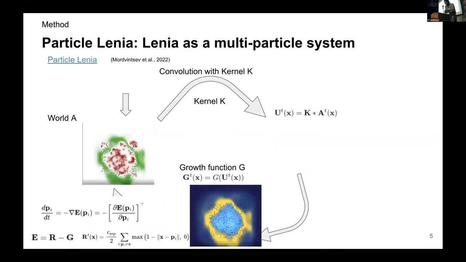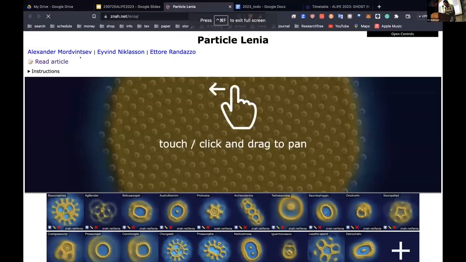So there is a new variant related to the Lenia system. It's named Particle Lenia. It means Lenia as a multiple particle system. Okay, I will give a little demonstration.